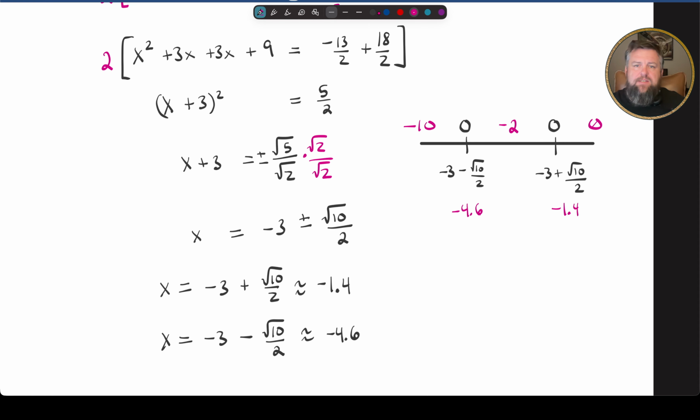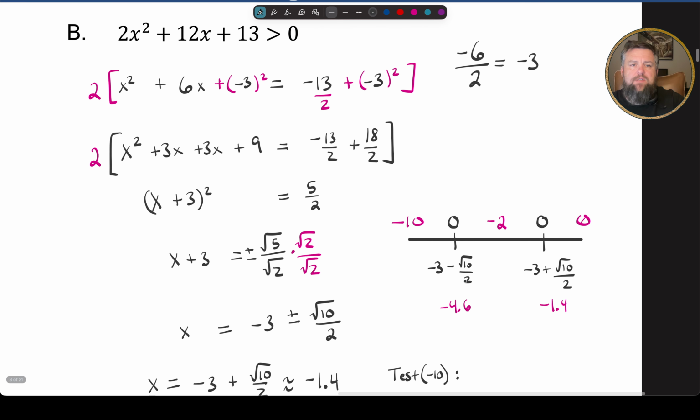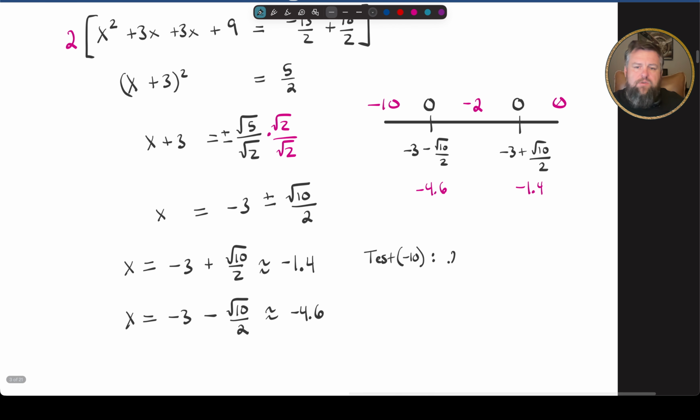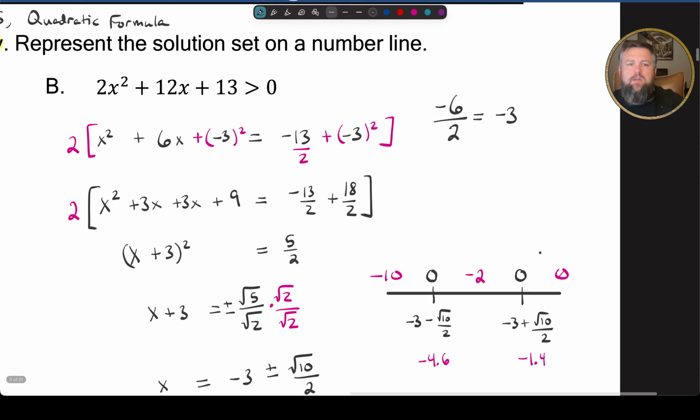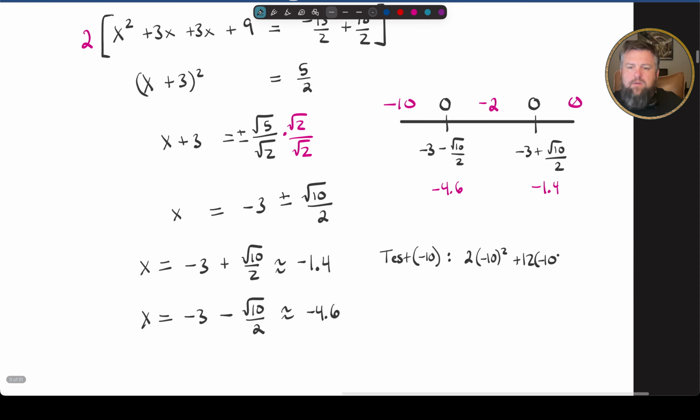So now let's test some values. We're going to test -10. Okay, going back to the inequality, we have 2x squared. So 2 times -10 squared plus 12 times -10 plus 13. Is that greater than 0?